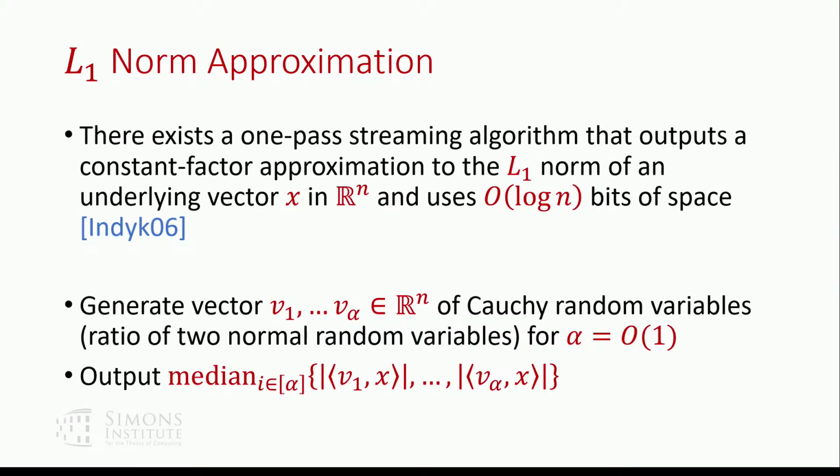The algorithm is pretty simple for those of you who remember. All you do is generate a number of Cauchy random variables. You take the dot product of the frequency vector with these Cauchy random variables. You take the median, and that's going to be a good approximation of the L1.